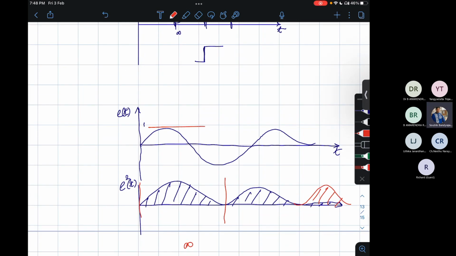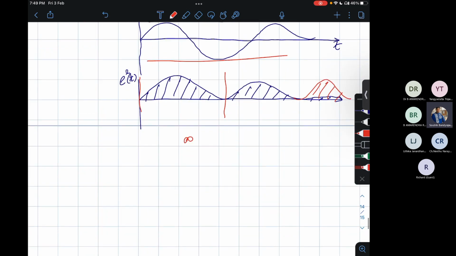This function was bounded, and this function was uniformly continuous because there are no jumps in this function. So the only missing piece of the puzzle is this square integrable condition. The area under the curve of e square was infinity.